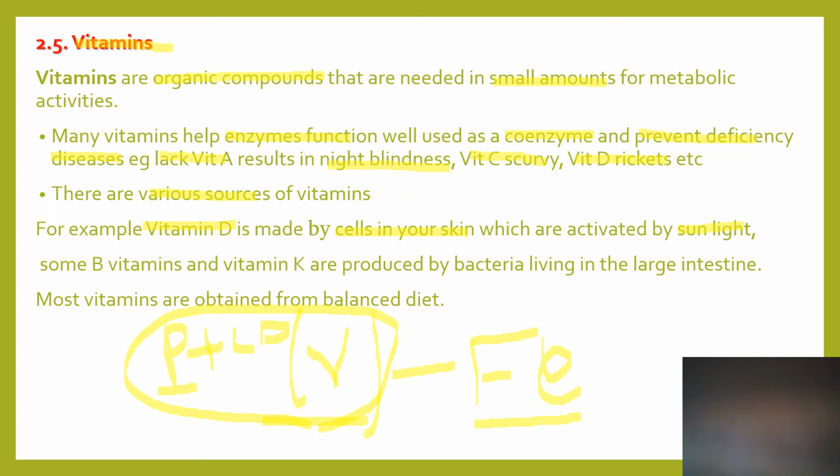Rather, sunlight activates cells in the skin, then the cells produce vitamin D. Some B vitamins and vitamin K are produced by bacteria, which are found in the large intestine. Most vitamins are obtained from balanced diets, especially green leaves and different fruits can provide us different vitamins.